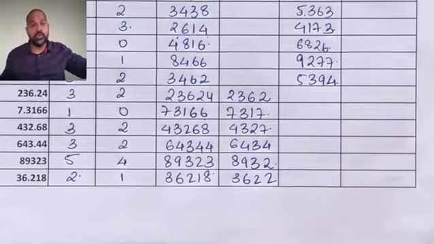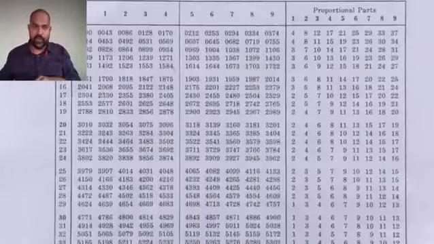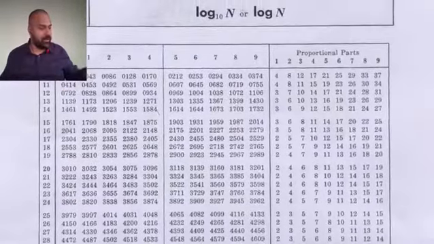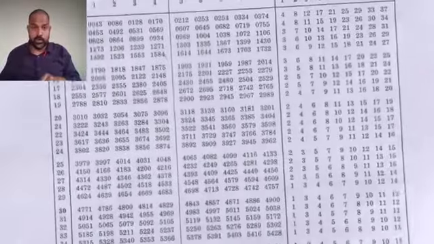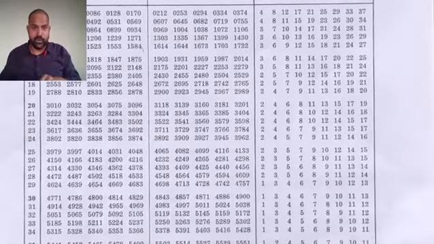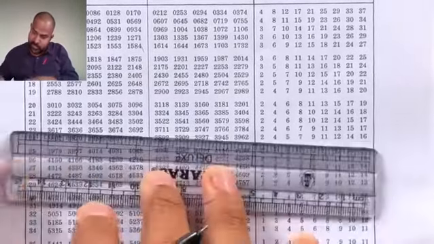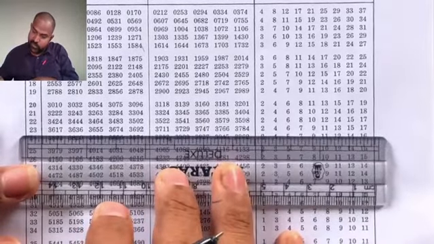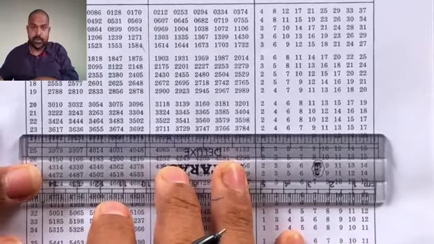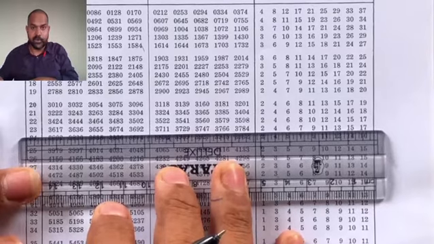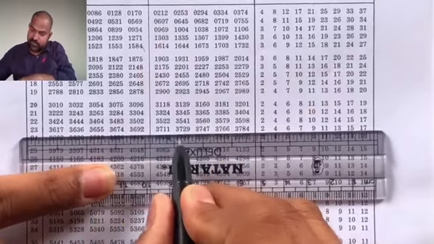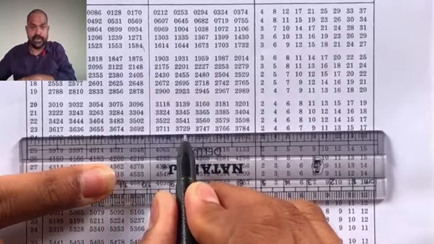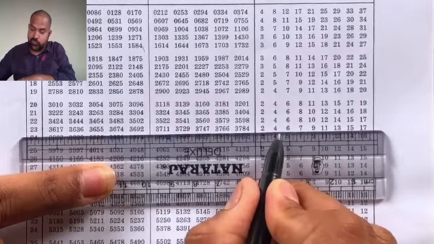So 2362. In 23, we are looking for 6. In that we are looking for 2. In 23, 6 is 3729. In that we are looking for 2, which is 4.